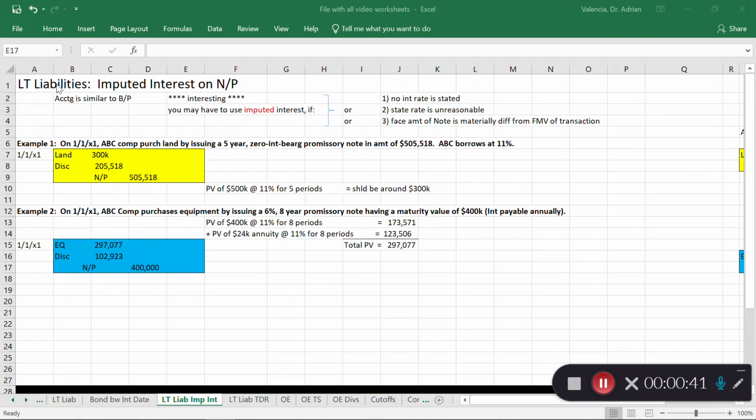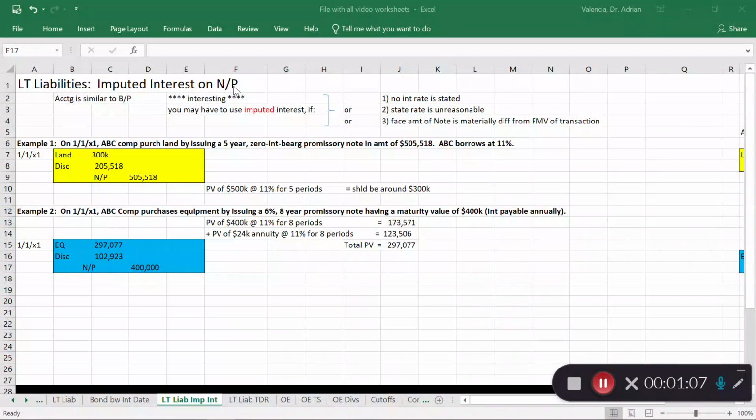relates to long-term liabilities, given that, if you recall, long-term liabilities are valued at their present value of future cash flows. Because you have that time value of money factor with long-term liabilities, if interest is not sufficient to parallel what the market rate would be, then we have to actually add on some interest.